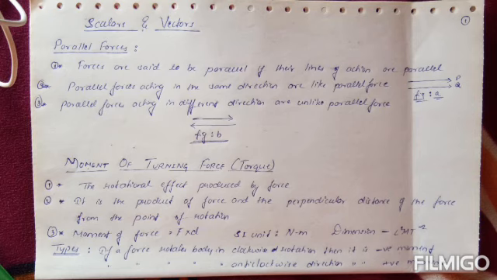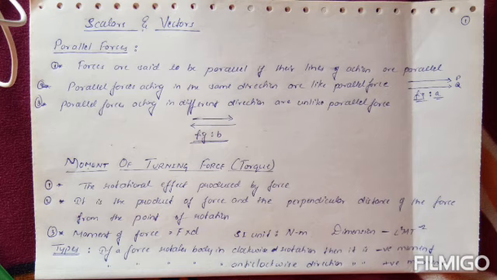When the force is applied to a body, at a perpendicular distance from the point of rotation, it is called a moment of force or a torque. Its formula is F into D, force into distance, and the SI unit is Newton meter and the dimension is L squared M T raised to minus 2. So this is a very important thing to remember, the SI unit and dimension of a moment of a force.